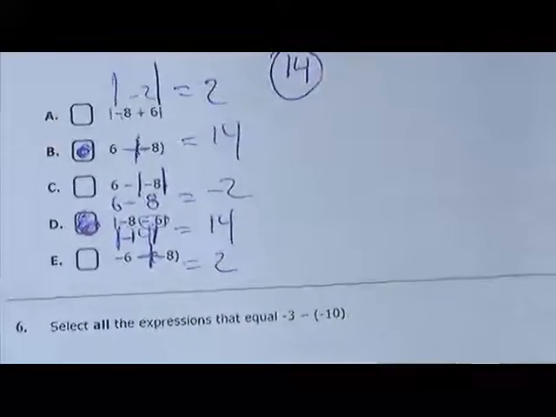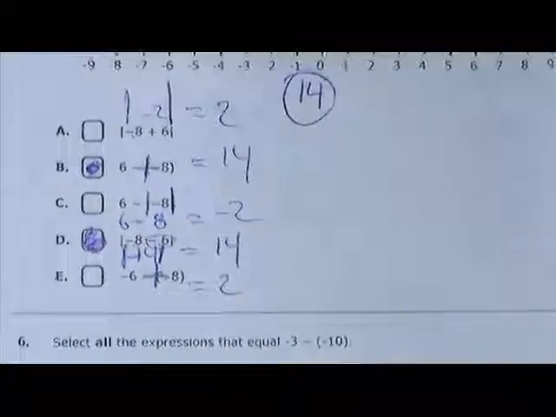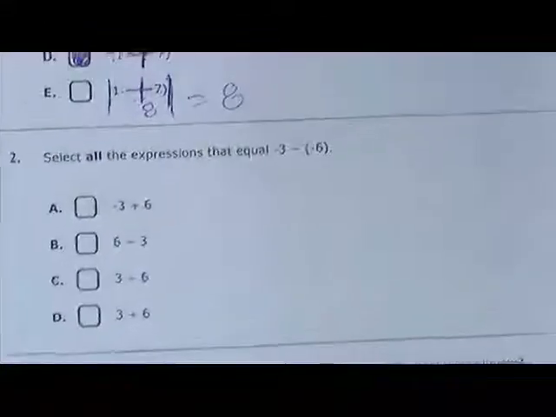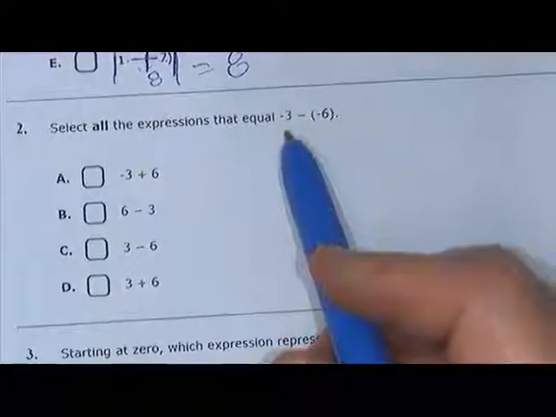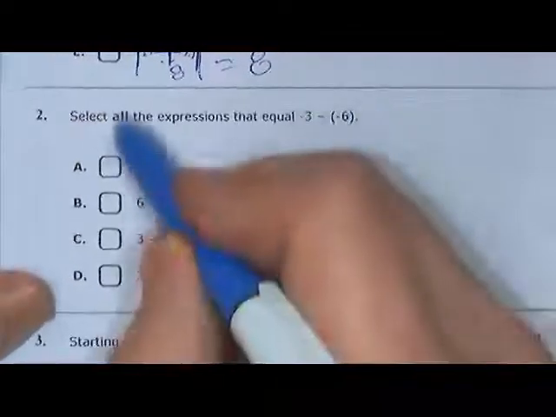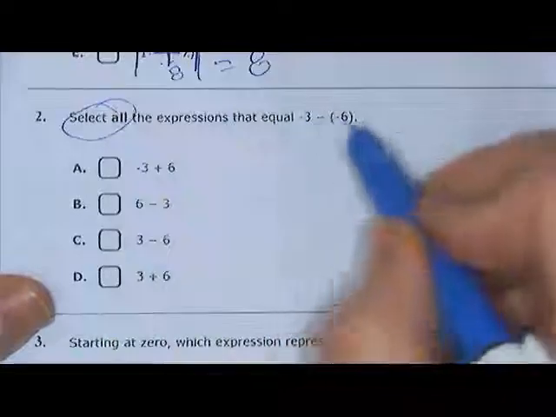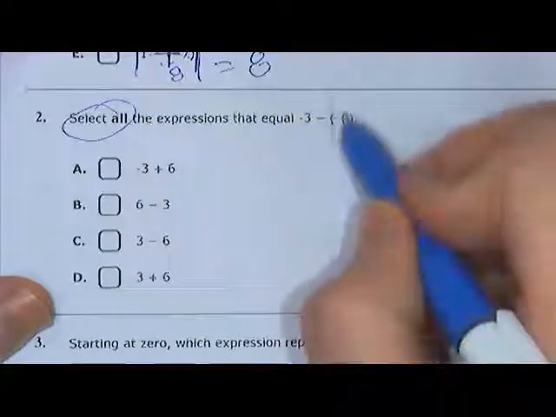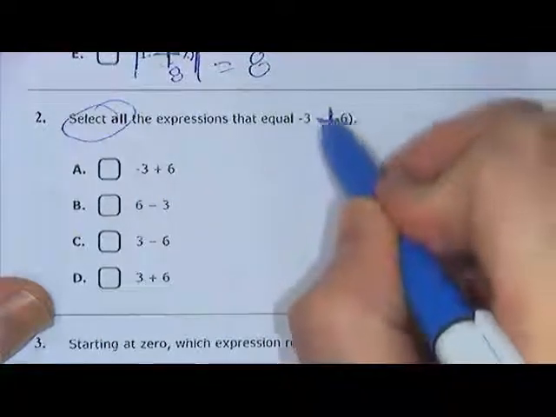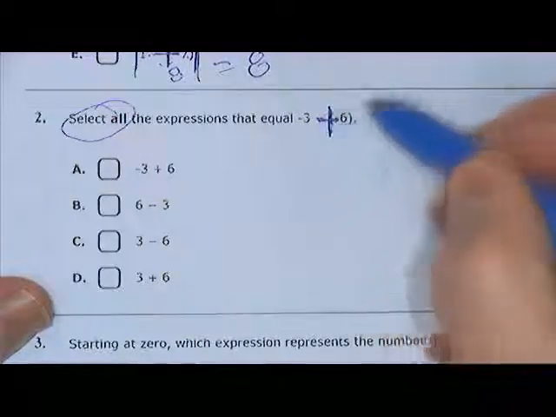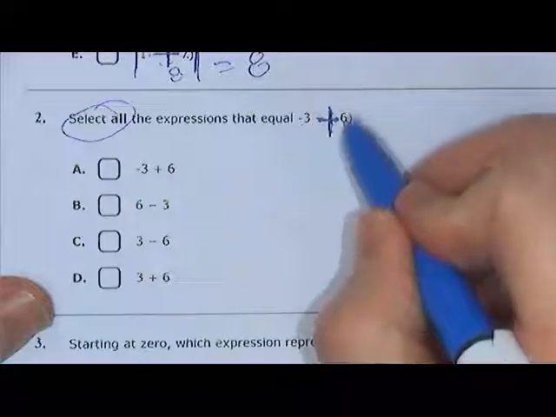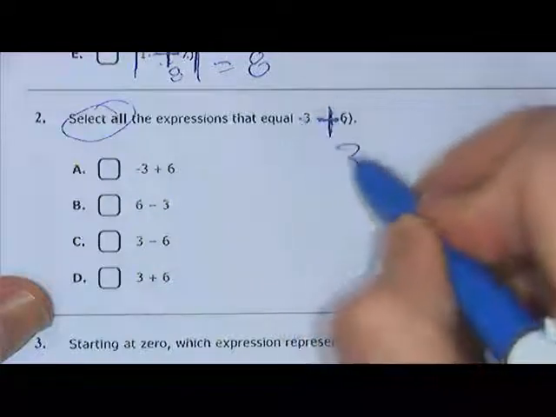Okay, let's go to the second type of problems, which is like this. Select all of them that equal whatever this equals. Select all the expressions. Okay, well this is a big plus. There's nothing to do inside the parentheses. All right, so I have -3 plus 6. 6 positives, 3 negatives, that would be 3.